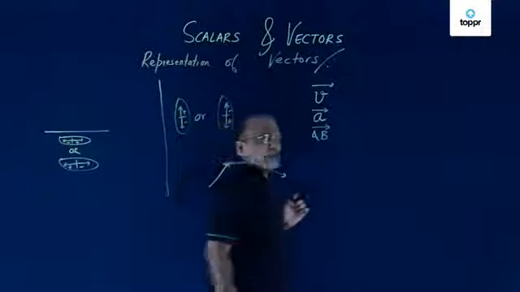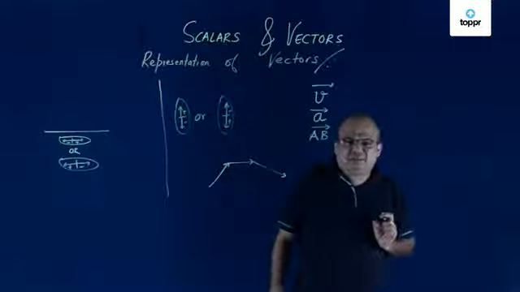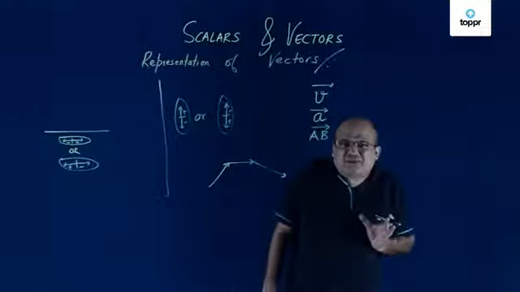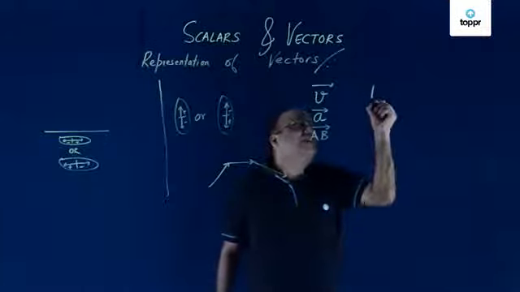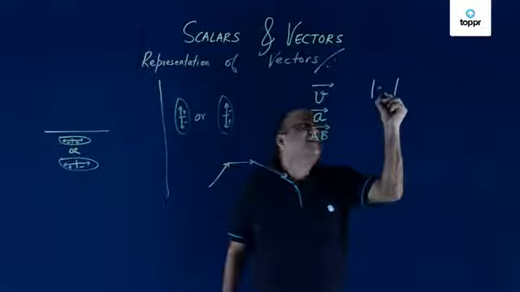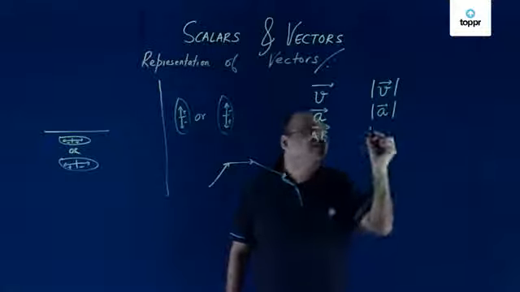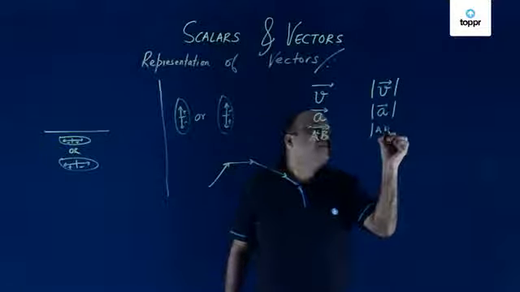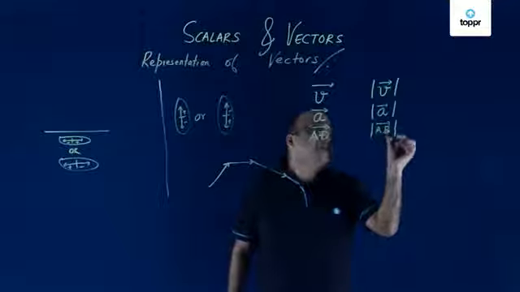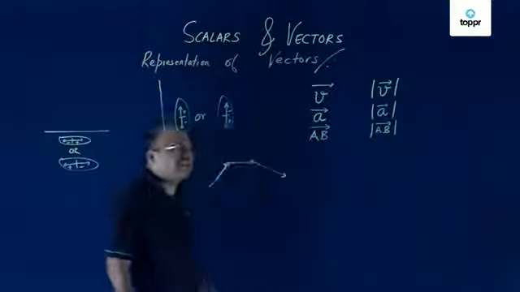Suppose we are interested only in the magnitude of the vector, not its direction. Then we write like this. Draw 2 parallel lines and write V vector means magnitude of V vector. Write like this, it means magnitude of A vector. And this will represent magnitude of AB vector, that mod sign, right?